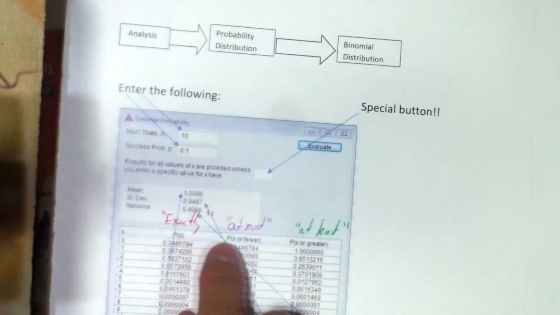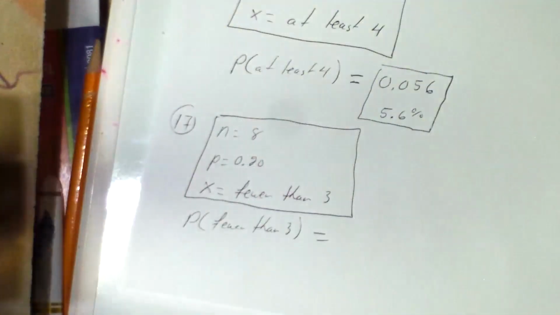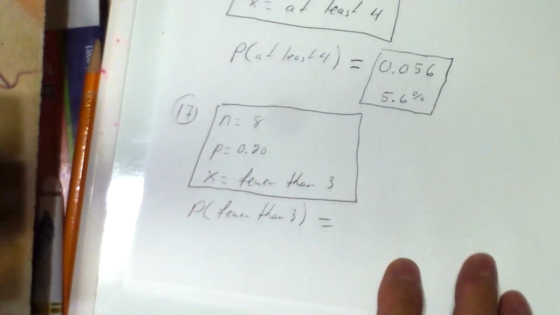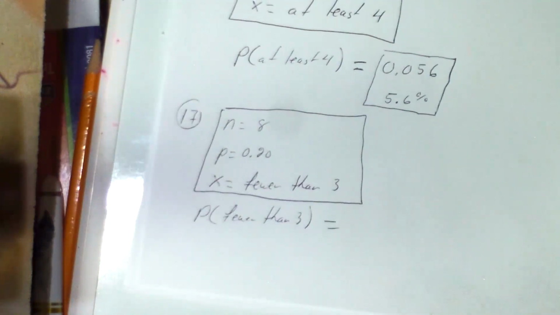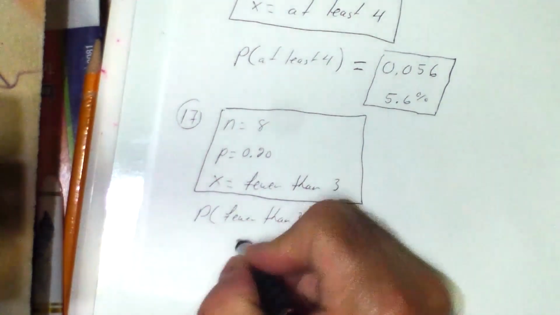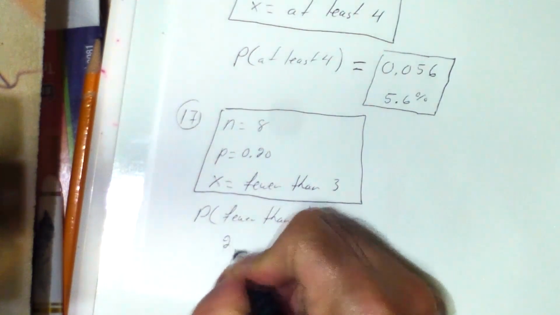So we have to think: what does fewer than 3 mean? It means it's less than 3, smaller than 3. What numbers are smaller than 3? You don't include 3. It doesn't say including 3. So fewer than 3 means 2, 1, and 0.